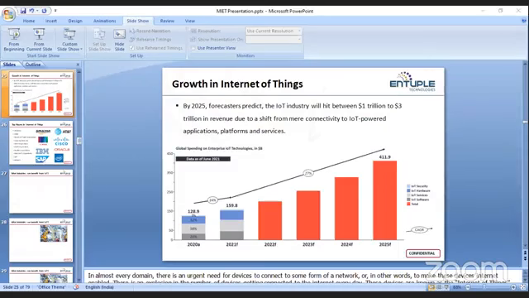Then data analytics. The reason we need to analyze our data is that we are generating a huge amount of data without even our basic knowledge. For example, everybody uses a smartphone nowadays, right?